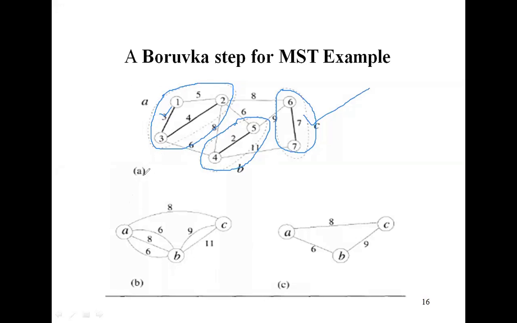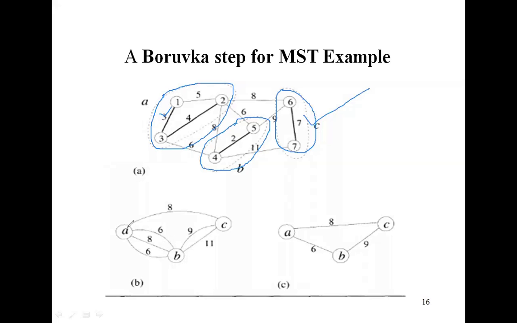The total original graph is figure A. Now we want to construct further, improving this figure B, that is figure C. See here, from A to B, there are three edges. One edge is with 6, another edge with 8, another edge with 6. Out of 6, 8, 6, you need to consider the minimum cost edge, the least cost edge.